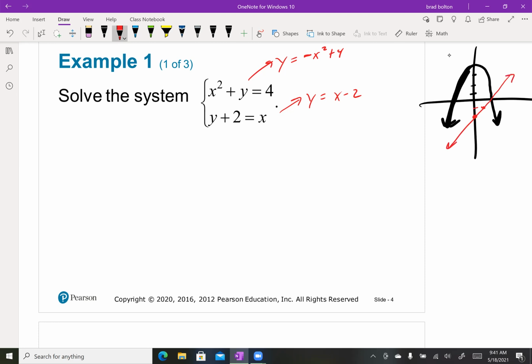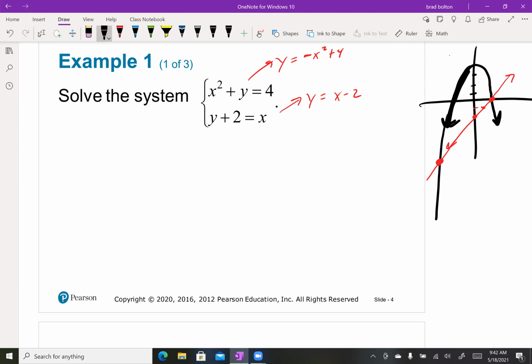So it appears there's an intersection here. But remember, with parabolas and lines, they go on forever, right? So there's another intersection that happens way down here somewhere that I didn't draw, and then the line goes through here. So there's another intersection right there. So we're pretty sure there's going to be two intersections with this particular solution.